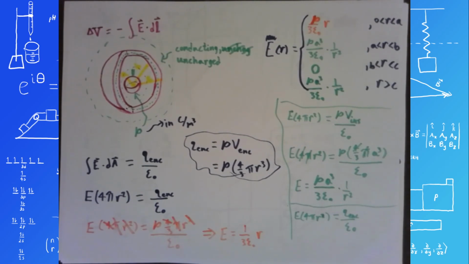And I could ask a bonus question here. What is the total charge on the inner surface versus the outer surface of my conductor?